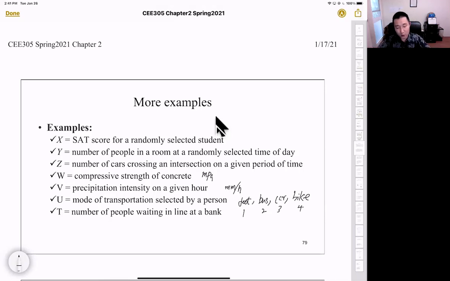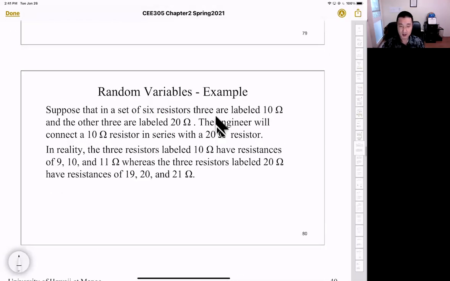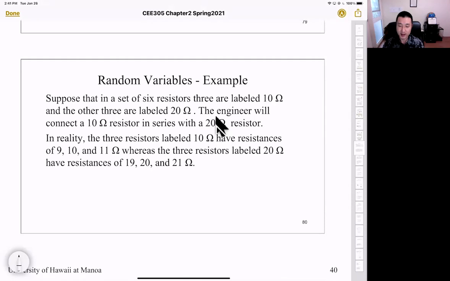So going back to our old problem: a set of 6 resistors, 3 labeled 10 ohms and the other 3 labeled 20 ohms. I think we discussed that problem last week. The engineer will connect 10 ohm resistors with 20 ohm resistors.